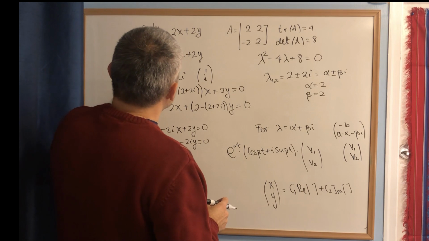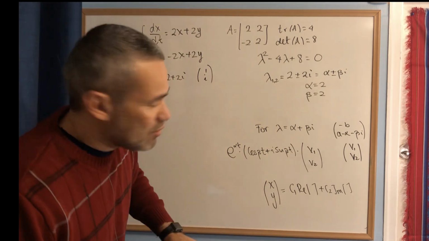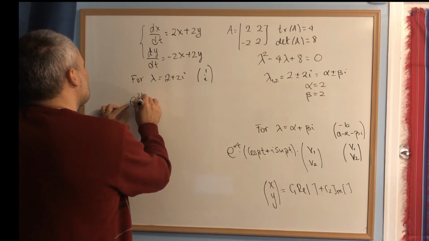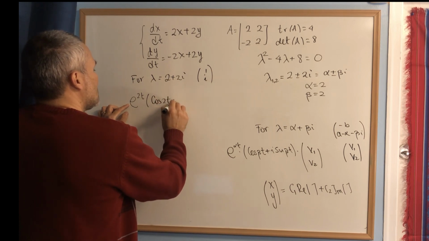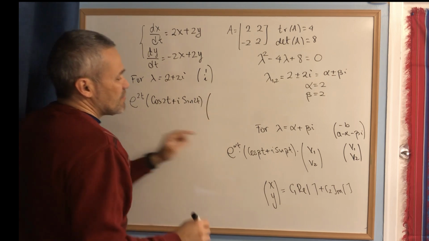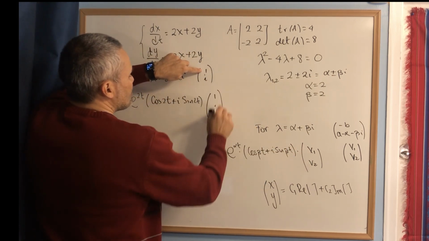Then here comes the algebra part. We need to compute this expression, which is e to the 2t times cosine of 2t plus i sine of 2t times v1, v2. In this case, v1 is 1 and v2 is i.